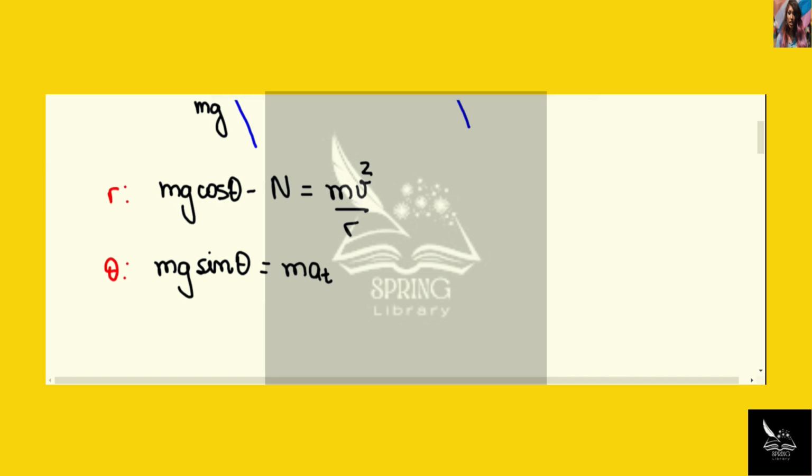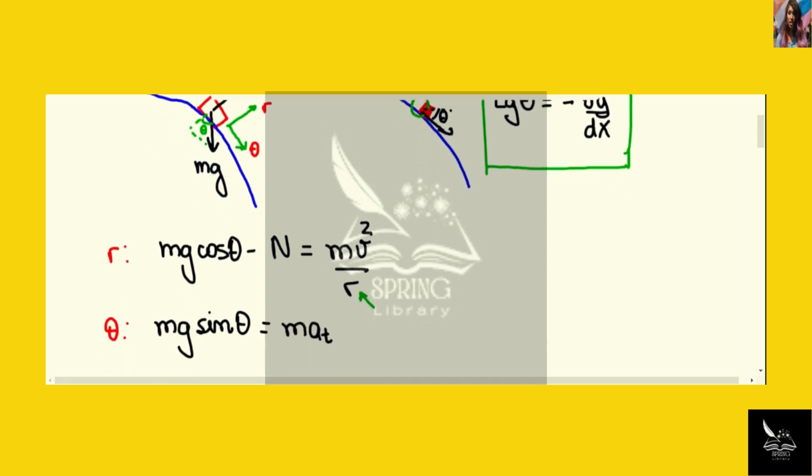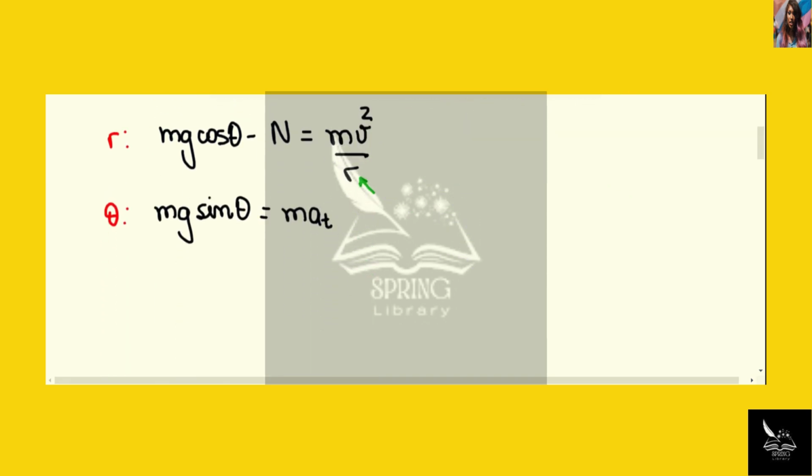Now notice that we don't know a couple of things here. We don't know what r is, and we don't know what theta is, so we have to find sine of theta and cosine of theta. First, I'm going to go back to this formula and find the tangent of theta, and then with the tangent, we can find both the cosine and the sine. Remember that y is equal to minus 0.5 x squared, so dy dx is minus x.